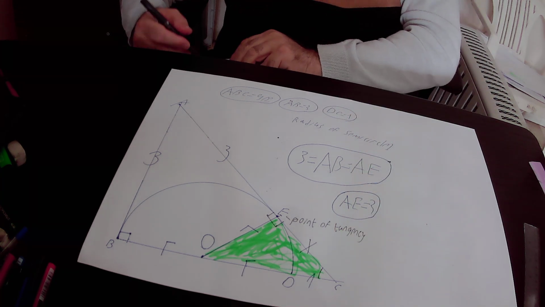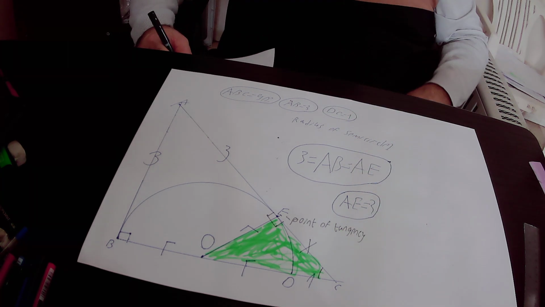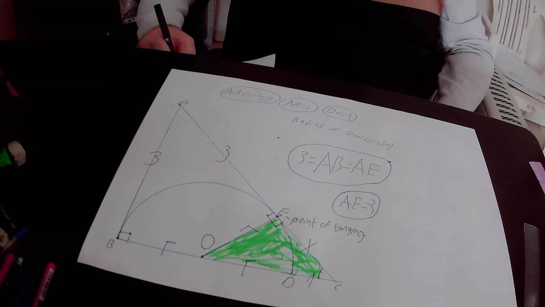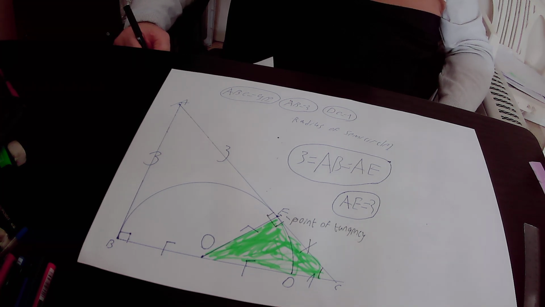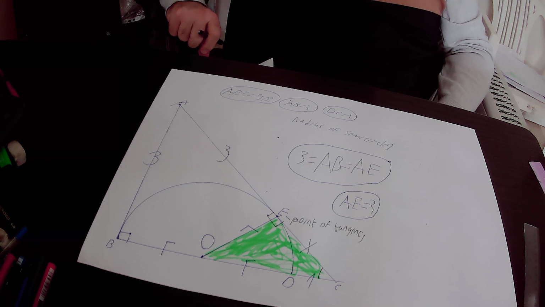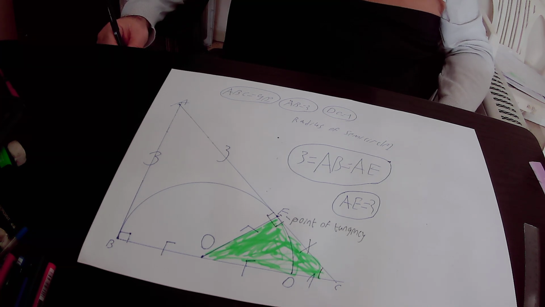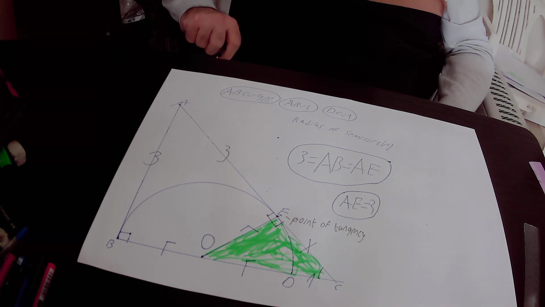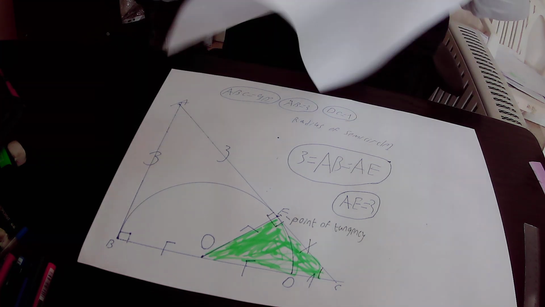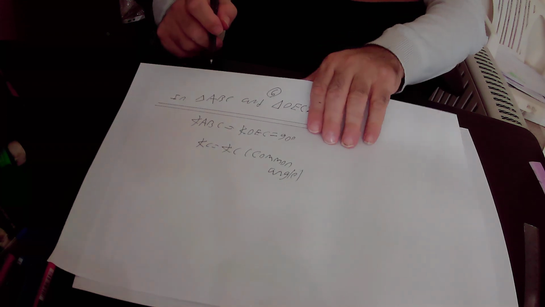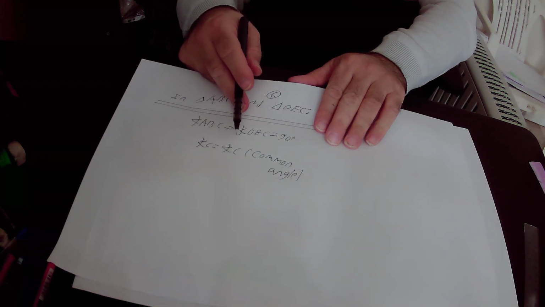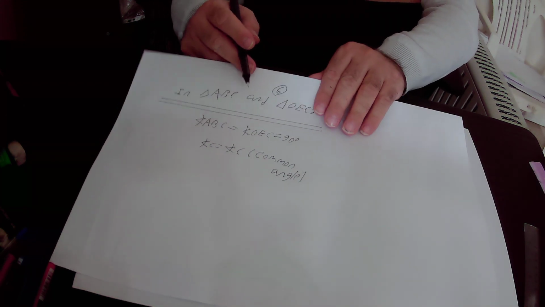So we write it down that angle C equals angle C. It's a common angle that belongs to both triangles. And I'll repeat again. Angle C equals angle C. It's a common angle that belongs to both triangles.